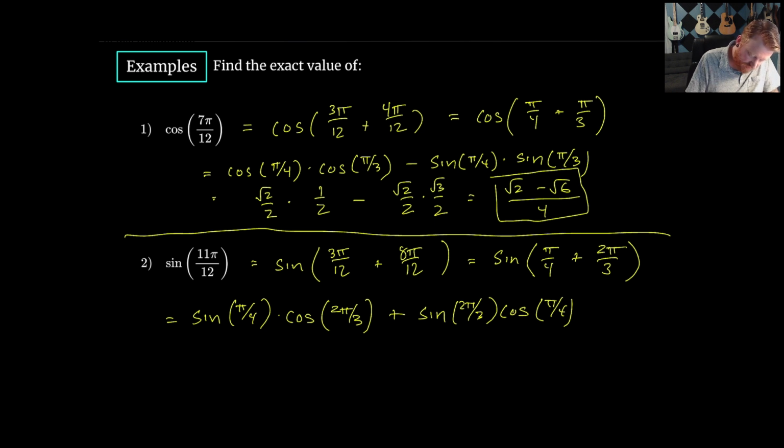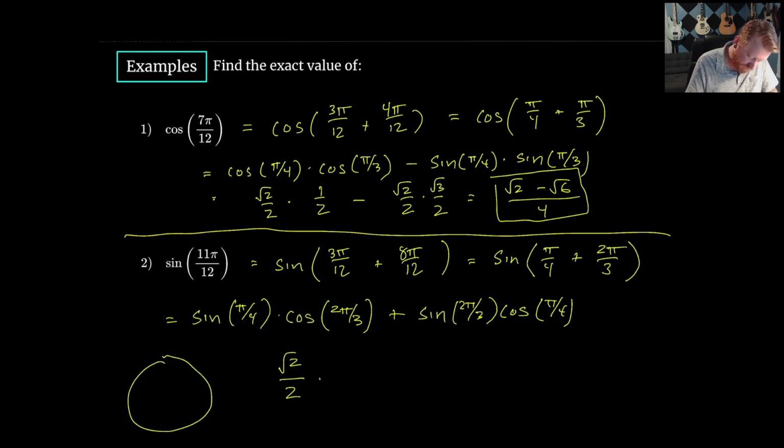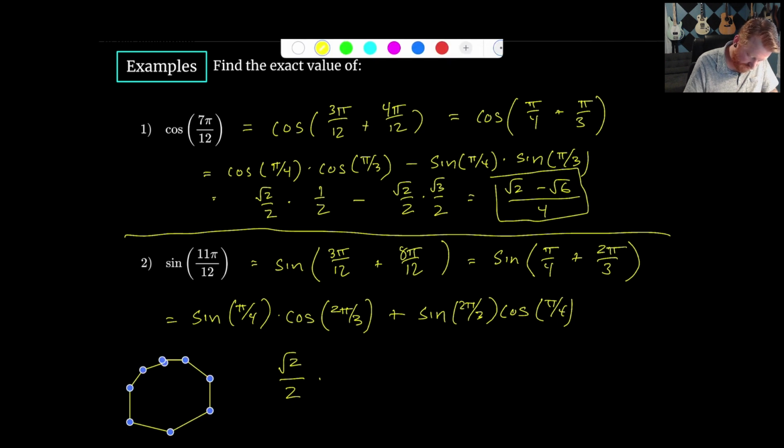Okay, so sine of pi over 4 is square root of 2 over 2. The cosine of 2 pi over 3, maybe we will go draw a picture here just to make sure I don't mess anything up, since we're using a new angle here that we haven't used yet.